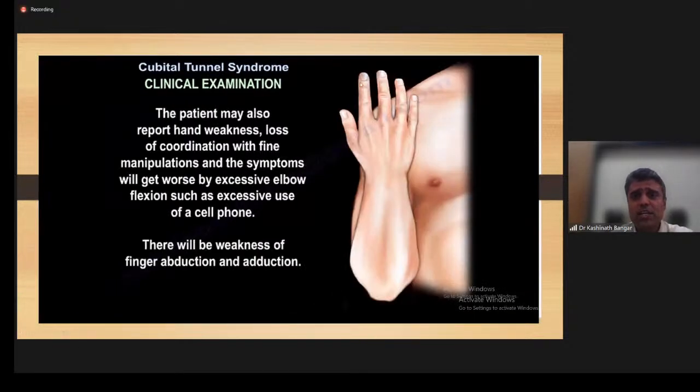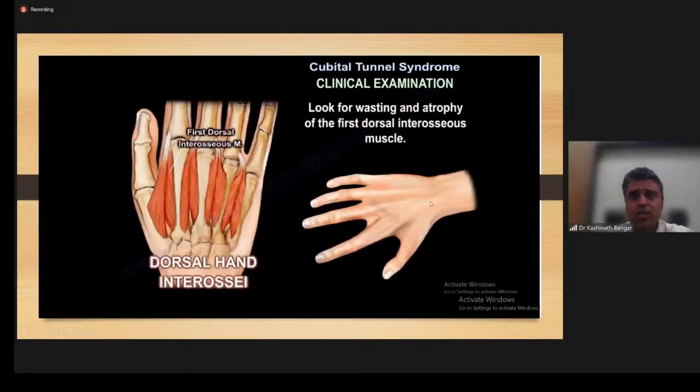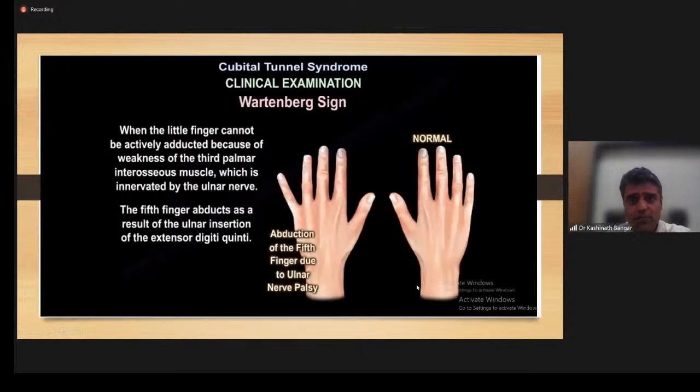A patient may report weakness in the hand, difficulty with fine manipulation, and there will be weakness of finger abduction and adduction. Again, there will be loss of sensation of the medial one half of the ring finger and the little finger. Okay. There could be wasting and atrophy of the first dorsal interosseous muscle.